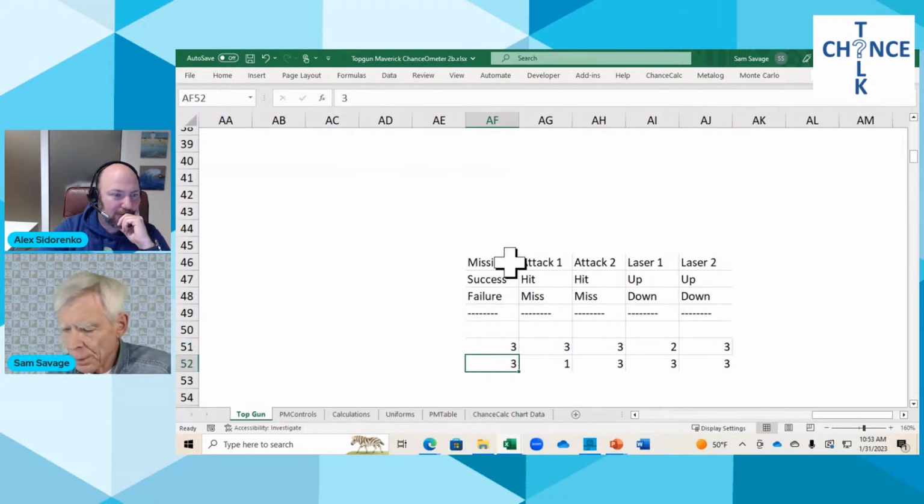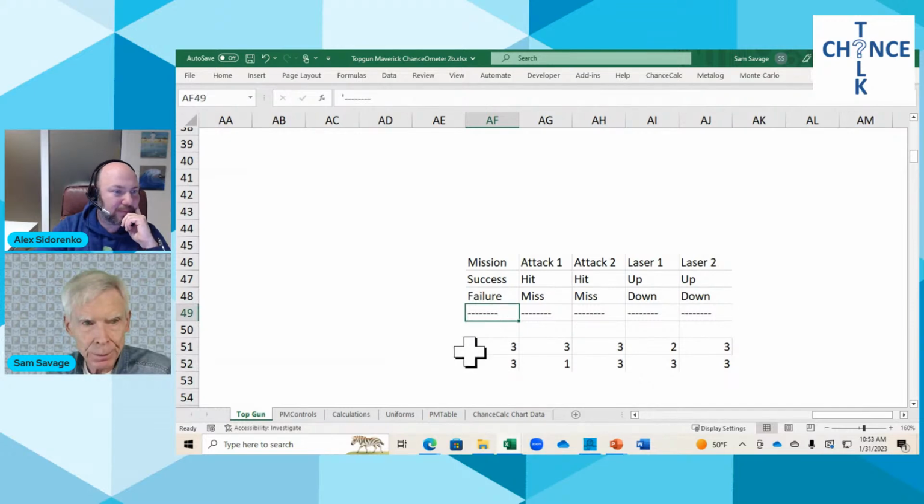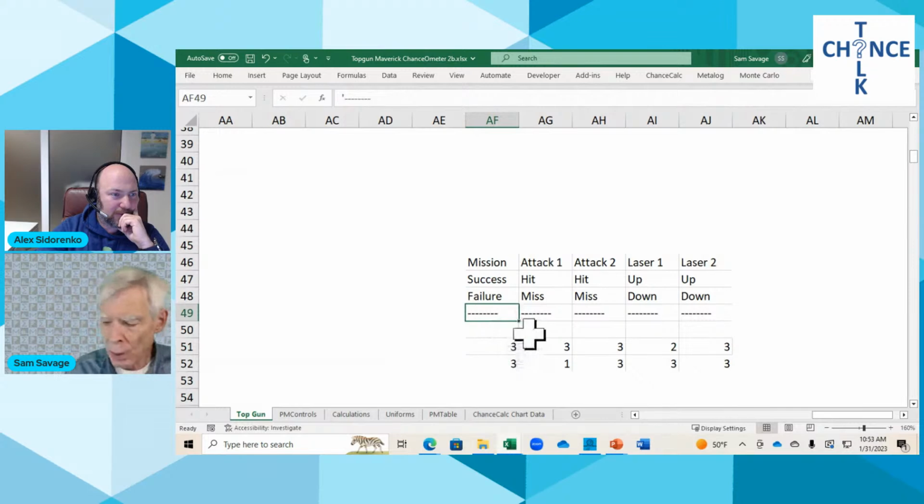If, as you select these things, success, failure, or it doesn't matter, you get the numbers 1 for success, 2 for failure, and 3 for it doesn't matter.